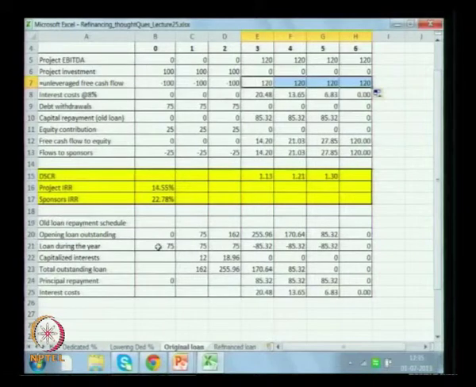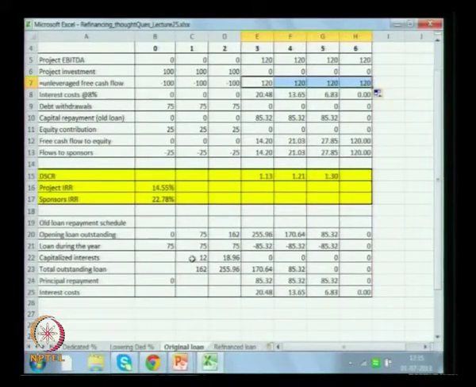So next we look at how we calculate the interest. At year 0 we have taken a loan of 75, which becomes an opening loan of 75 in year 1. In year 1 we again take a loan of 75 and then we have interest.